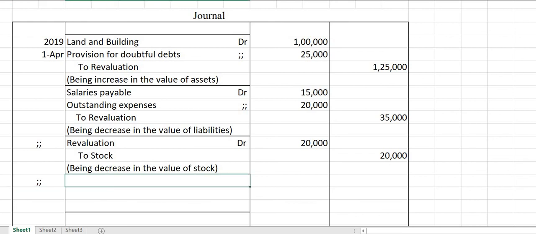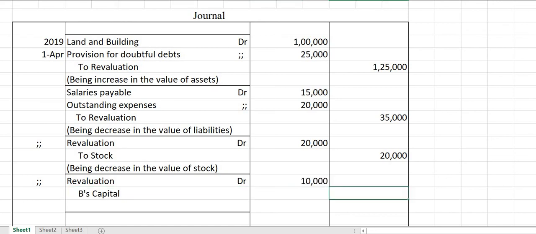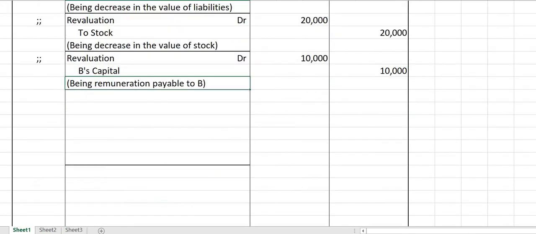Then next, on the same date, there is revaluation expense paid to B. So revaluation account debtor to B's capital. How much was the remuneration? 10,000 was that amount, and then narration will be written as being remuneration payable to B. Then next journal entry, the same date.